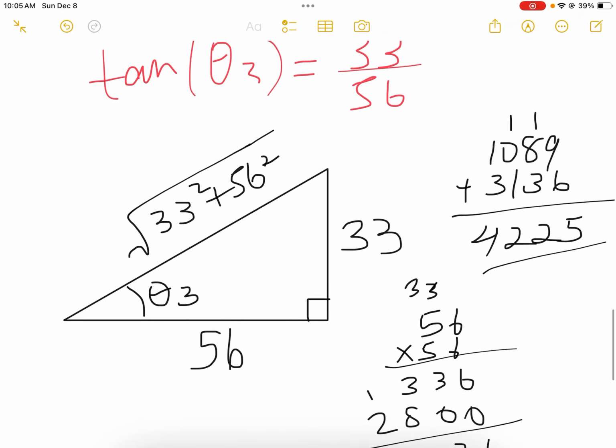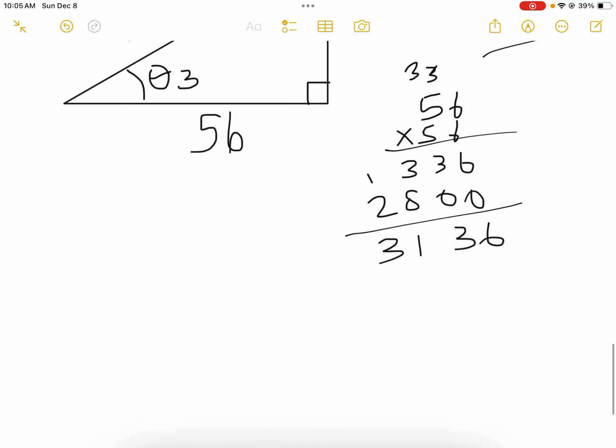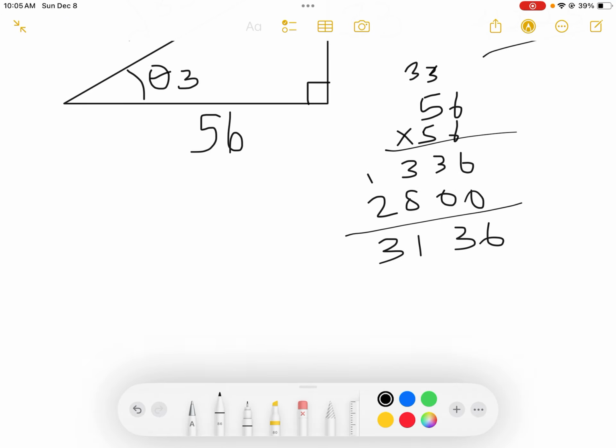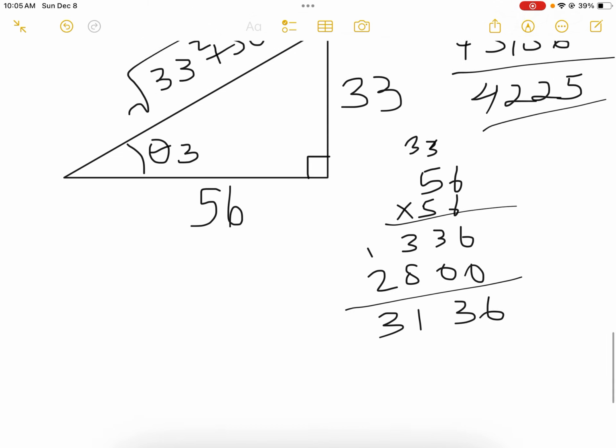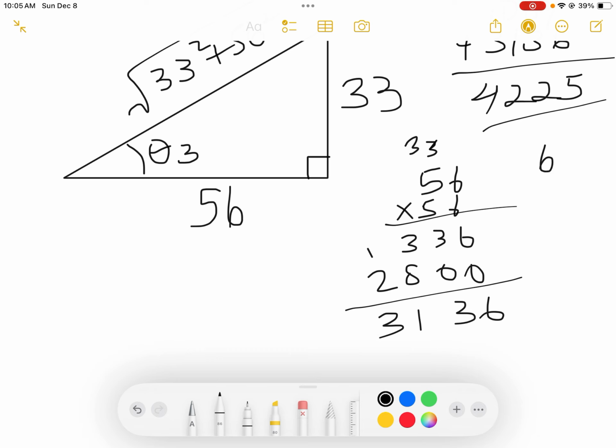Now, the square root of 4,225, that might be a whole number. Let's see. I'm going to try. It ends in a 5. And 75 is too big. 75 squared is bigger than 4,225. 55 is too small. So 65 might be the answer. So I'm going to try multiplying this out. Let's see. So this is 5, 32.